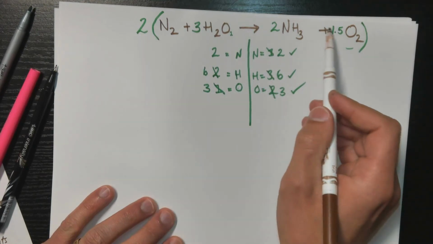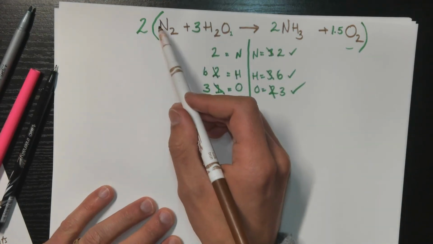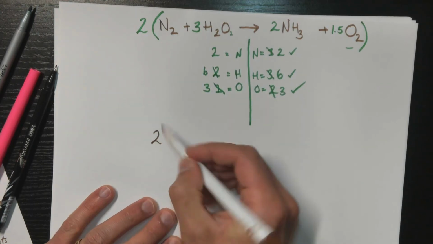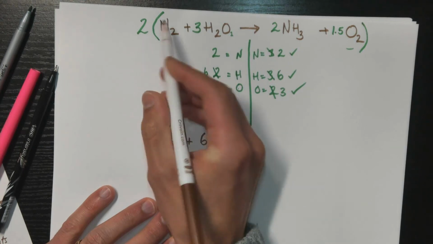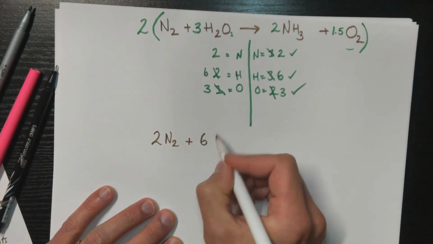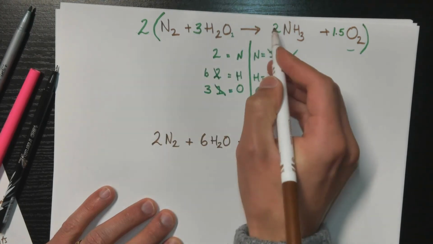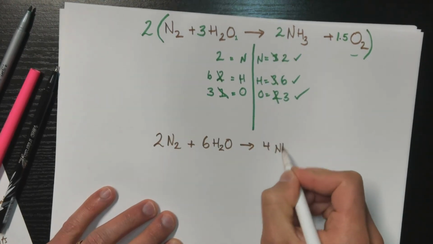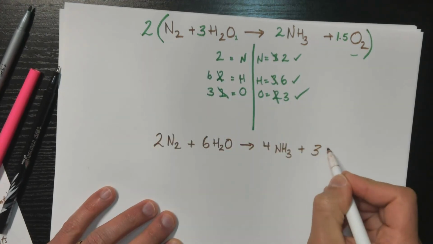Though I multiplied this by 2, I actually have to do that to every single coefficient. So let's try that. 2 and 2. 2 times 3 is 6. 2 times 2 is 4. And 2 times 1.5 is 3.